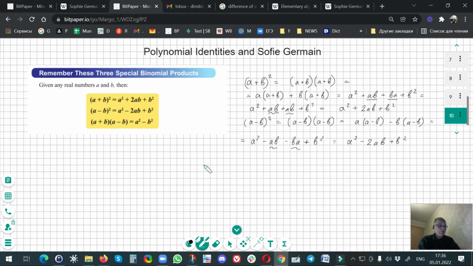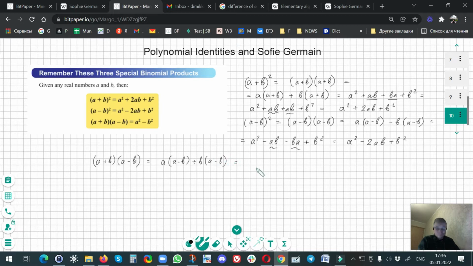And finally, the last formula, which is maybe the last but not least, maybe the most important, at least the most frequently used. It's already in the form in which we can easily multiply out. It's a times a minus b plus b times a minus b.